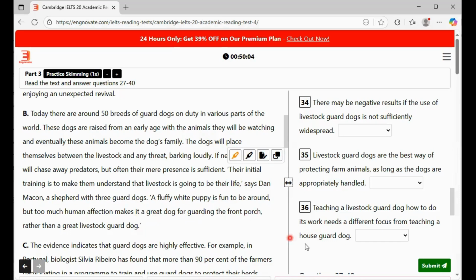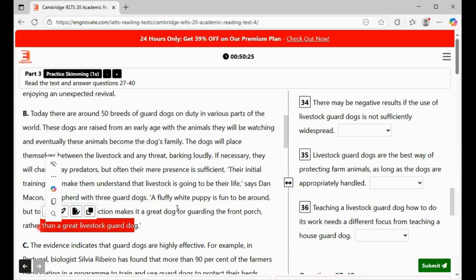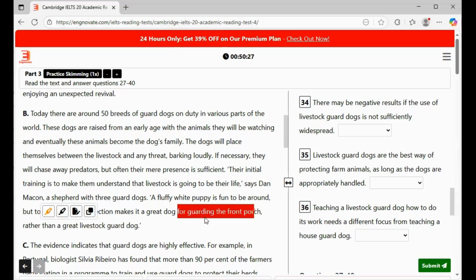That's your house, front porch. Guard house, guard front porch. Can you see? Rather than a great livestock guard dog. So the training you give to a dog like this is different from the training you give to a dog like this. This one will require a lot of human affection.